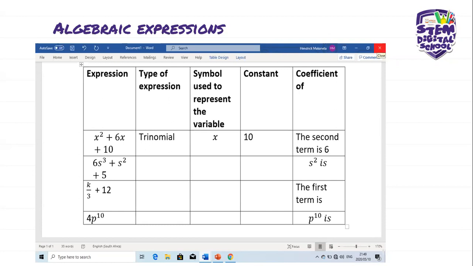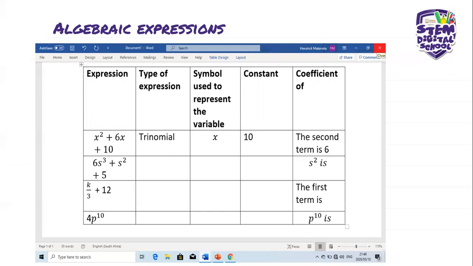Right. The next one, we are done with the second expression. We are now proceeding to k over 3 plus 12. We are left with only 2 for the day. K over 3 plus 12. What is the expression there?